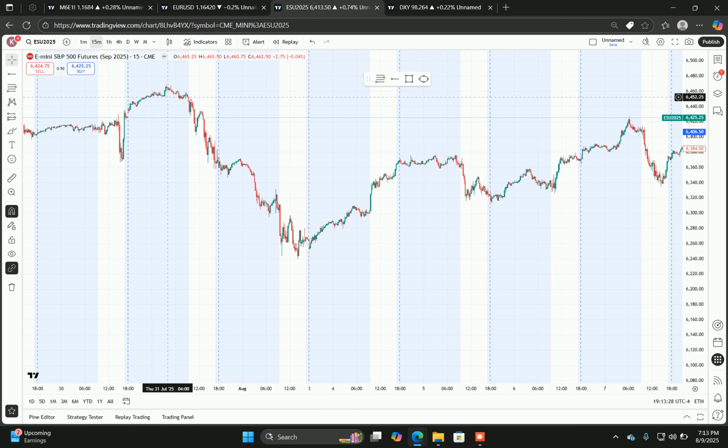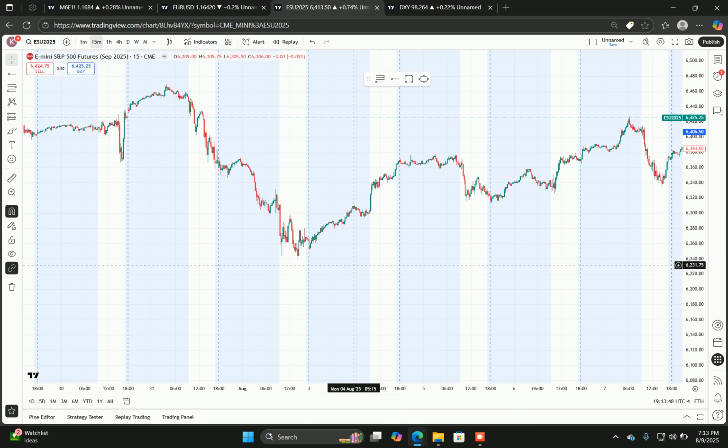From Thursday, July the 31st, until these prices down here, this whole thing is a price swing with different pools of liquidity. These swing highs are all different intraday pools of liquidity.